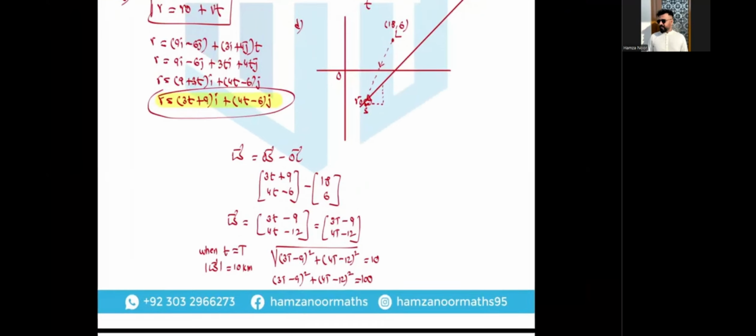We need to expand and simplify the equation and then solve it.